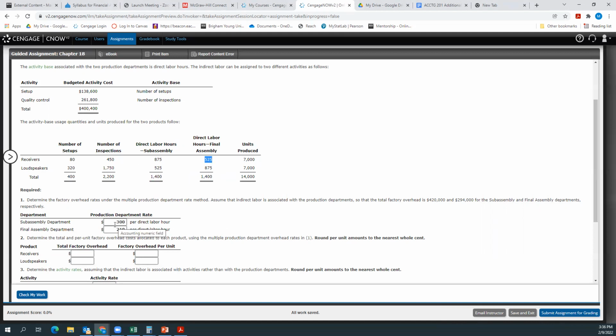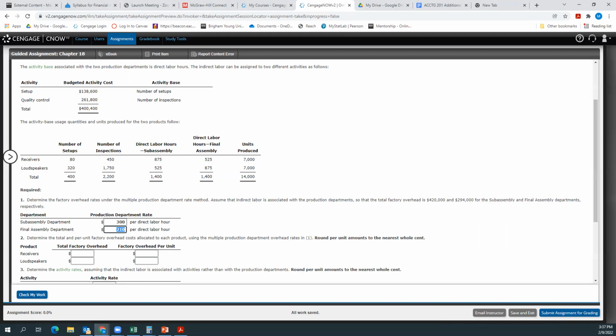We know that subassembly direct labor hours, we apply $300 in overhead per direct labor hour and $210 per direct labor hour for final assembly.